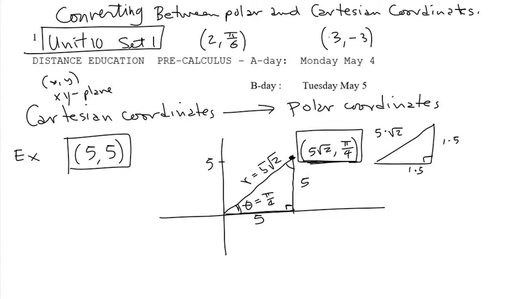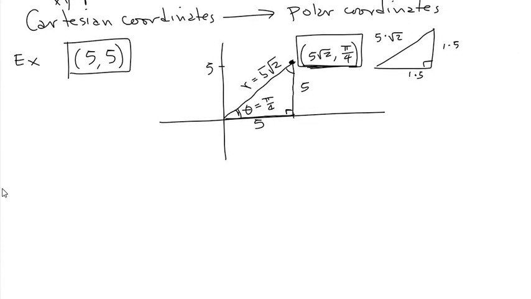All right, let's try another one. Let's try the point -1/2, negative root 3 over 2. Okay, these are my Cartesian coordinates. And again, I'm going to draw a picture.